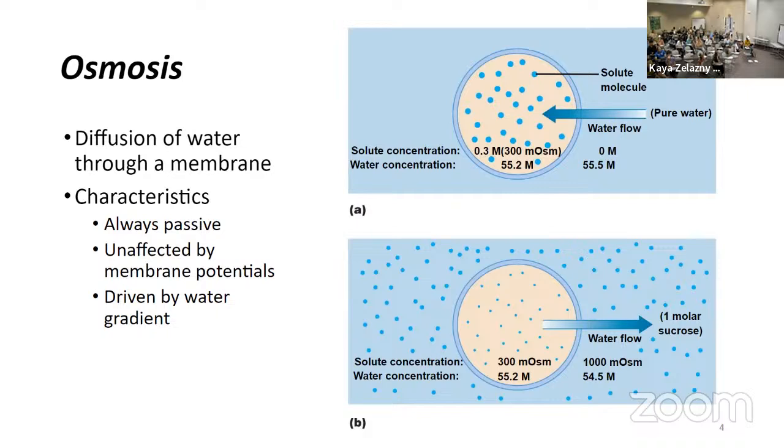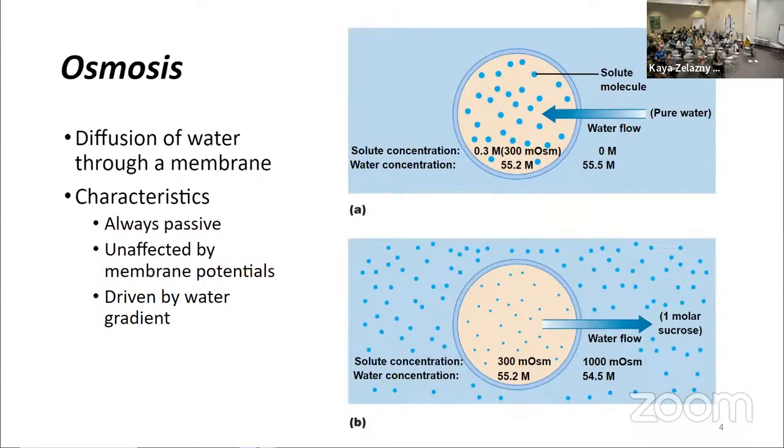So if we're looking here, right, the situation that we've got. We're going to start with a situation up here where we have pure water in our extracellular fluid. Our ECF out here, the solution that our cell is in, is pure water. So absolutely everything surrounding this cell is water. And in our intracellular fluid, our ICF, we have some water, but we have other things that aren't water.